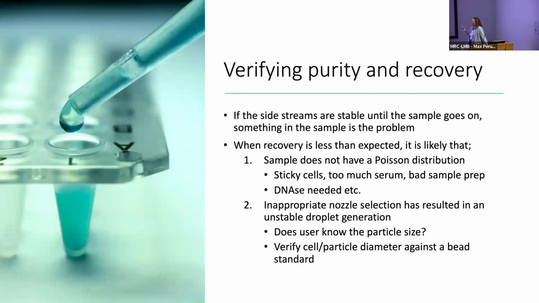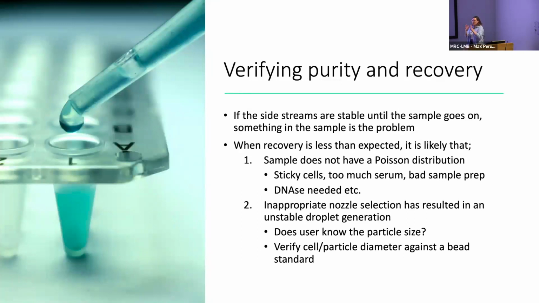One of the things that we do when we're setting up the machines is ensure that our stream is stable, making sure that our charge phase and all of the things that we've set up for accurate sorting, particularly in the generation of the side streams, are stable.